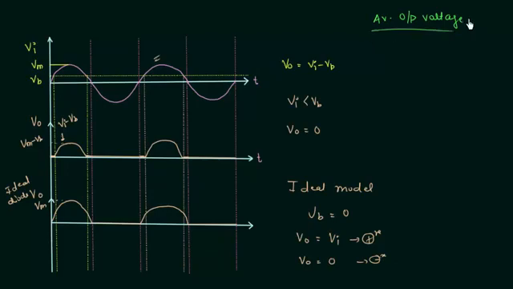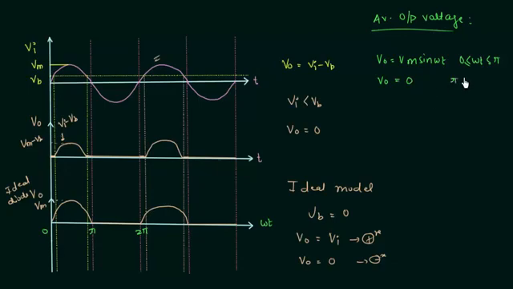The output voltage for the positive half cycle, when omega t is from 0 to pi, is given by Vm sine omega t, because we have a sinusoidal waveform. When omega t is from pi to 2 pi, the output voltage Vo is equal to 0 volts.